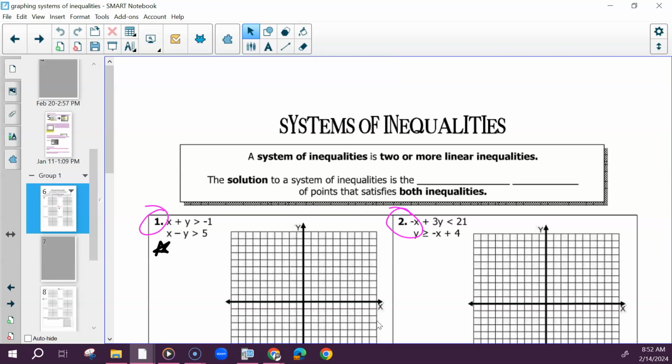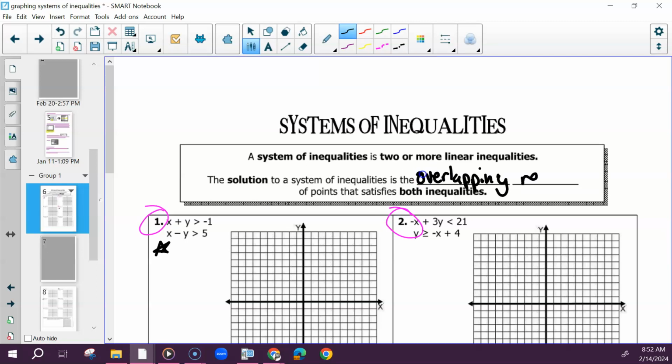Okay. The missing words are overlapping region. And from this point forward, were there any questions we wanted to see you go over or have questions about?